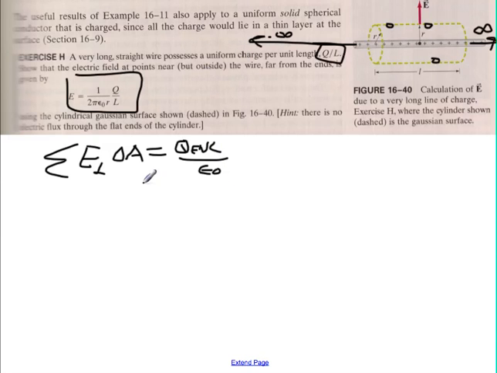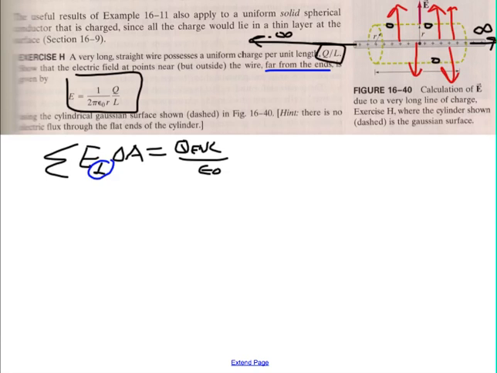So we say, okay, let's think about this. Well, remember they said to kind of ignore the ends, so they said far from the ends. So if we're far from the ends and we're thinking perpendicular, I don't think that the field lines are going like this, right? They're going out through the surface right here, right here, right here.